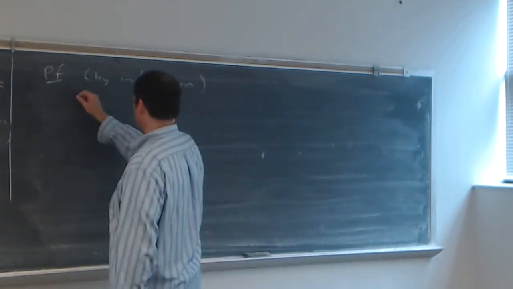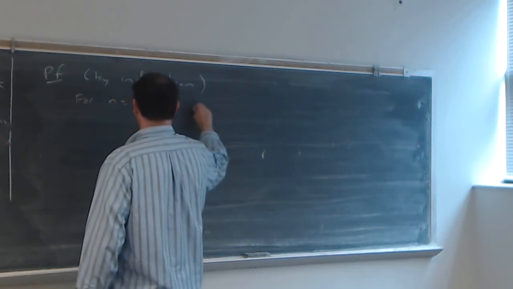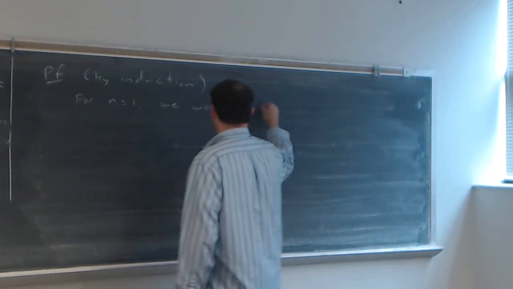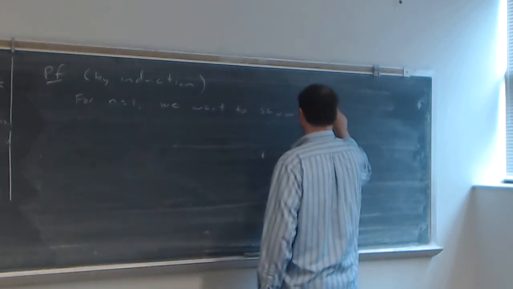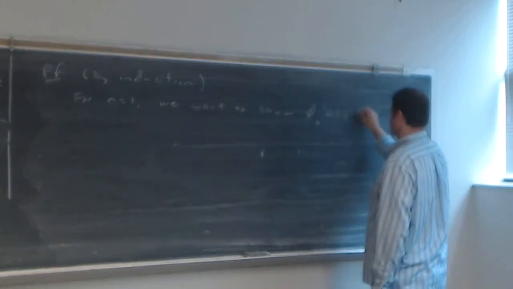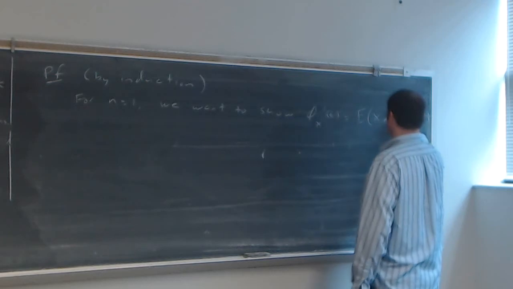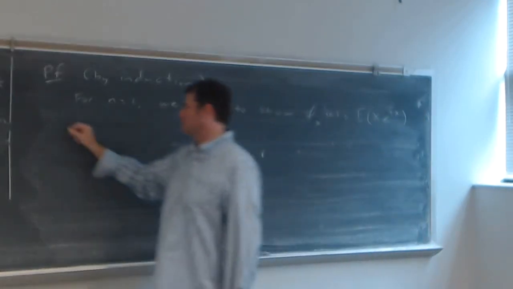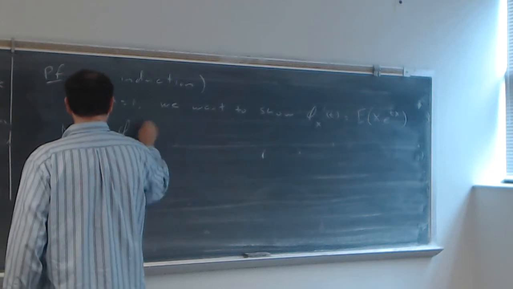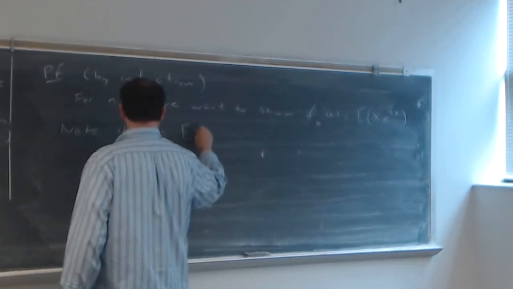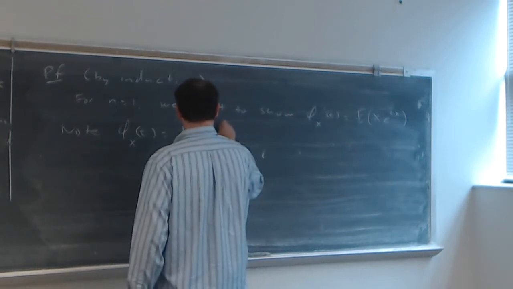So here, for n equal to 1, we want to show that the first derivative is equal to the expected value of X times e to tX. Well, phi sub X of t is equal to the expected value of e to tX.